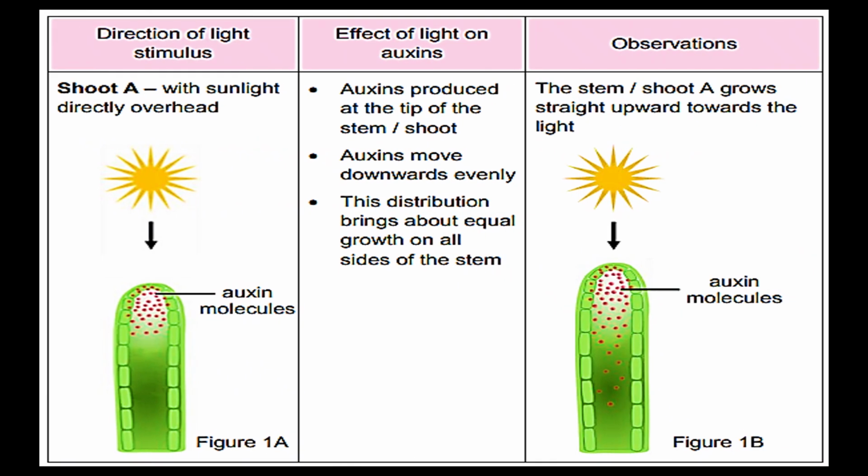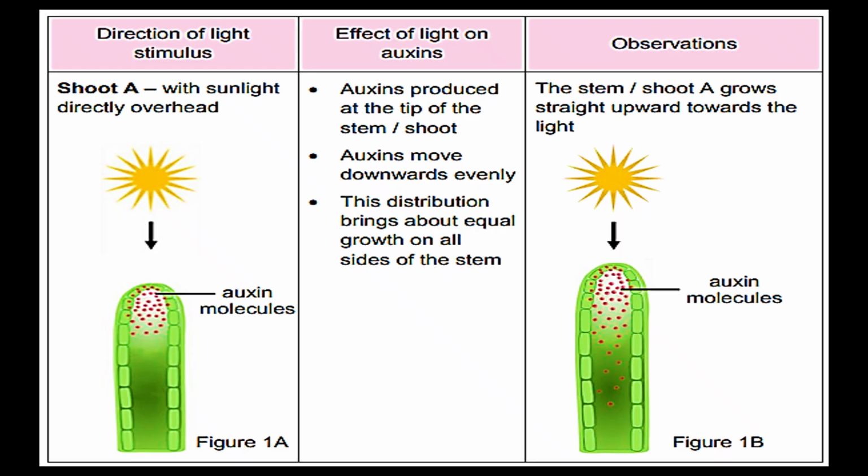And then over here, we have a depiction of the process of phototropism. We have shoot A. So we have to pay attention to the direction of the light stimulus. This is the sun. The sun is always above the plant. For as long as the sun is there, the plant will grow towards it. In fact, the sun spends roughly 6 hours up the horizon in the sky. It explains why the majority of plants do grow upwards.